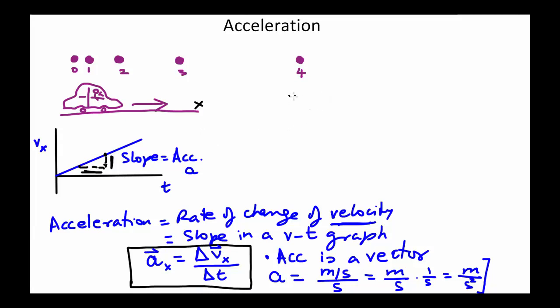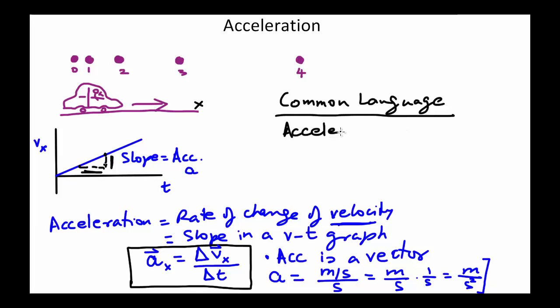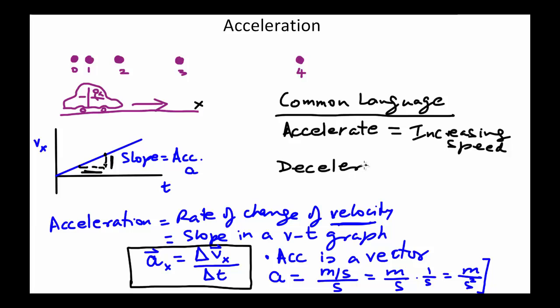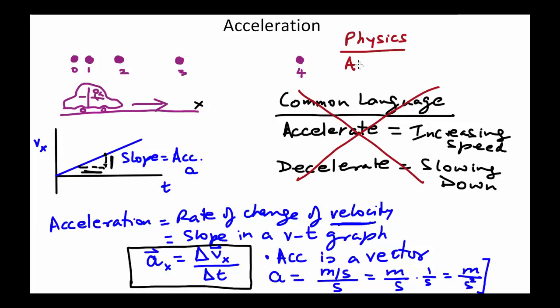And there's one more important point about acceleration I want to make. In our common language, when we say we are accelerating, we think of increasing speed or speeding up. And when we're slowing down, we prefer to use the word decelerate. While all that is correct in common language, that's not the case in physics. In physics, acceleration is all we've got. Anytime we have a change in velocity, it's an acceleration.